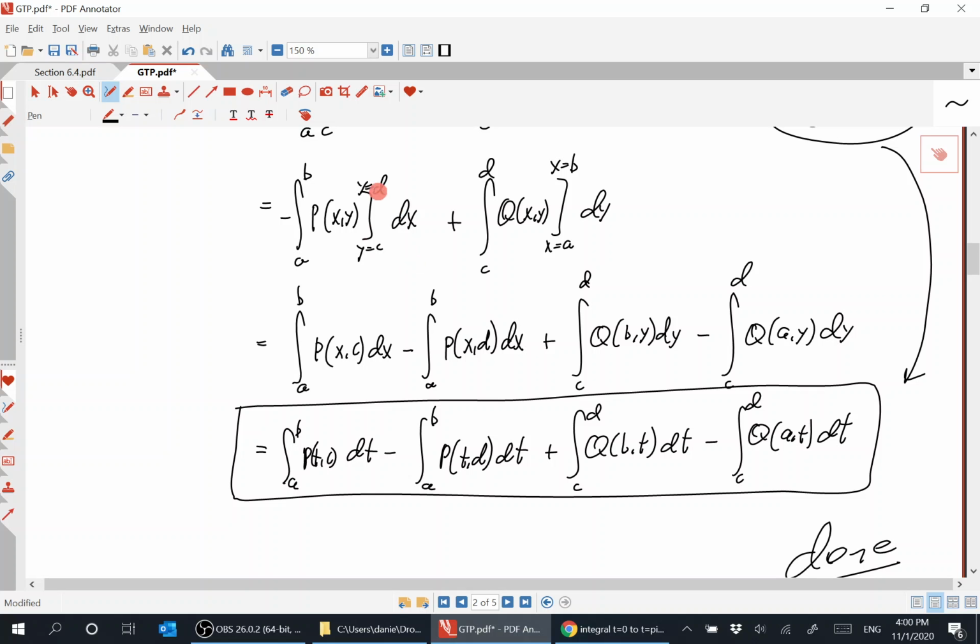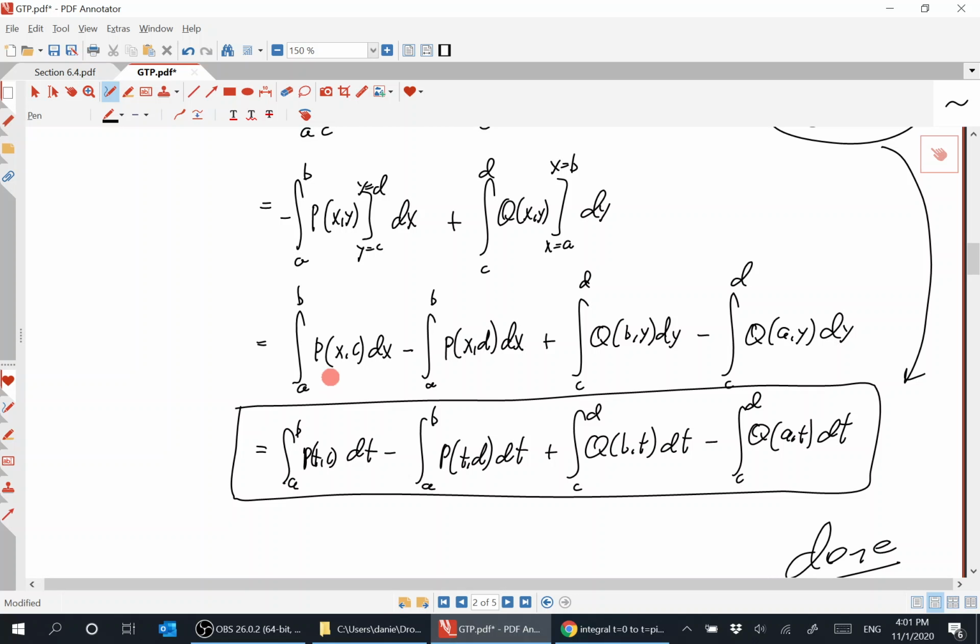Okay, we're going from c to d, so that's the integral from a to b of p(x, d), but that gets negated, because this one comes first, so it's negative p(x, d). And then minus p(x, c), minus again, so it becomes positive.